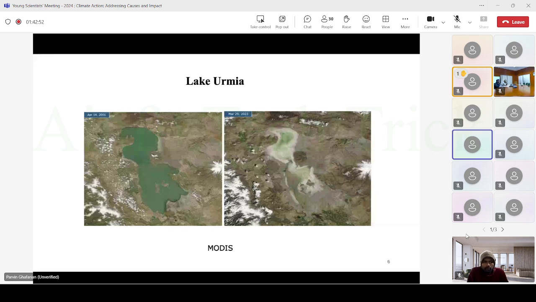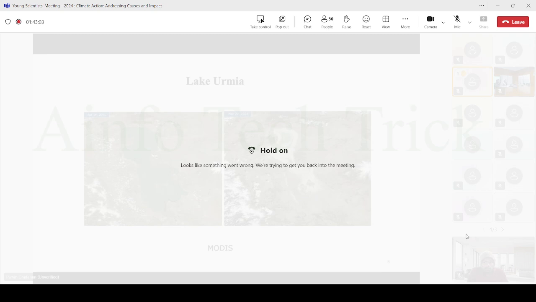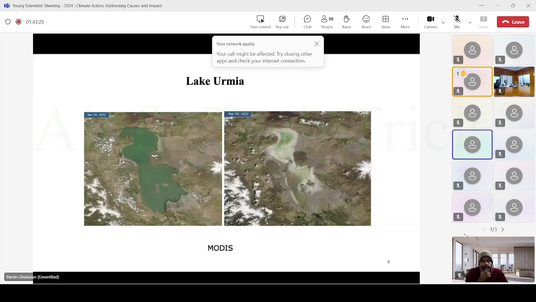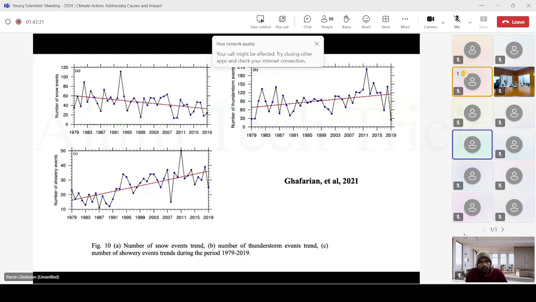The trend of snowfall in the Lake Urmia basin, and the trend in the number of showery rainfall events, indicating a change in the precipitation pattern in the Lake Urmia basin.